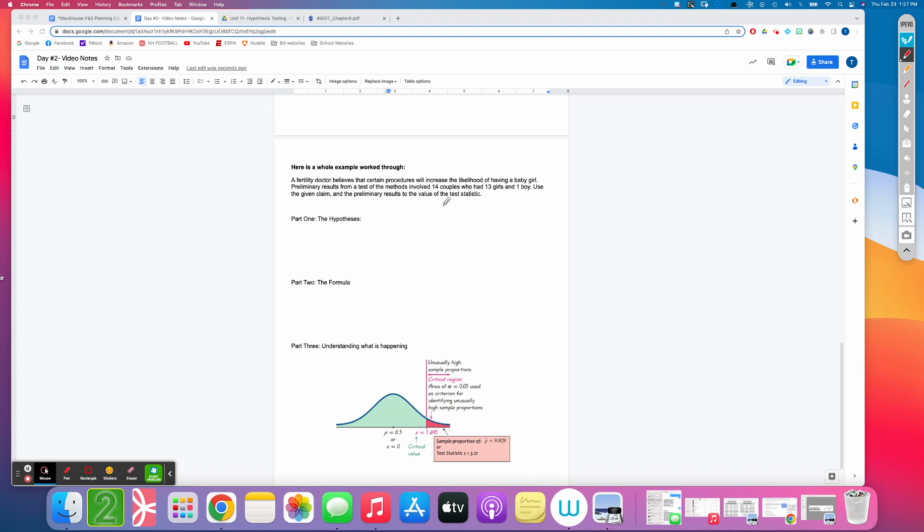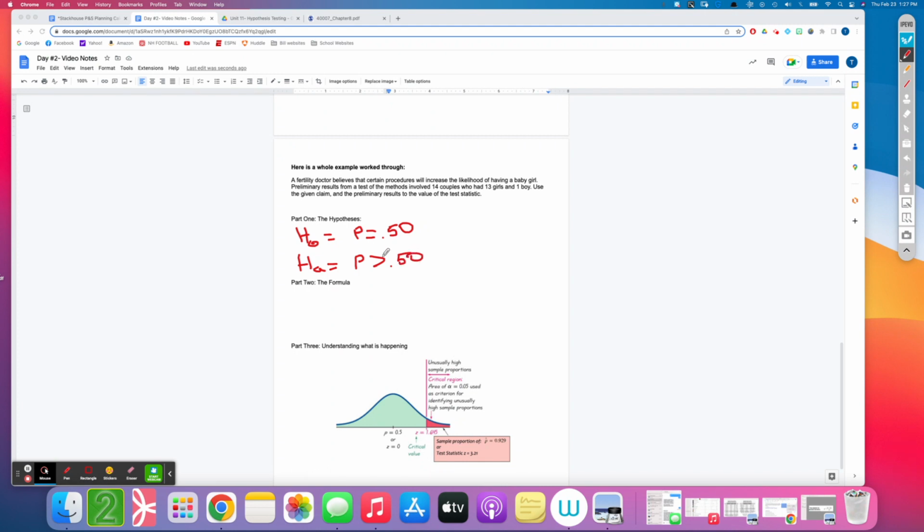The null hypothesis is that your proportion should be equal to 0.5. If we think about boy or girl when they're born, it's a 50-50 shot. That's the standard thing. However, our alternative hypothesis is that with this new method, our proportion will be bigger than 50%.